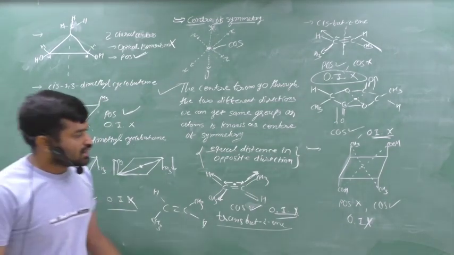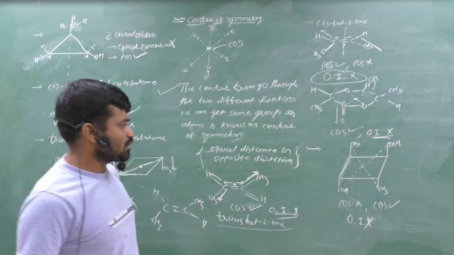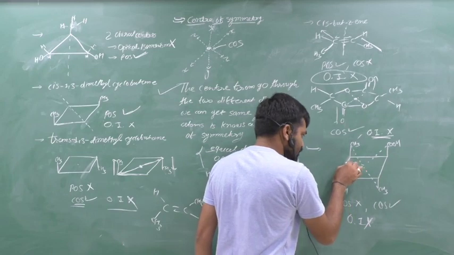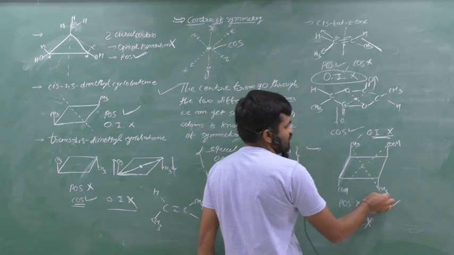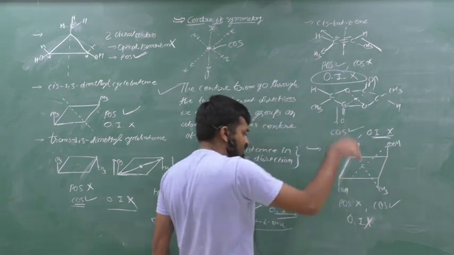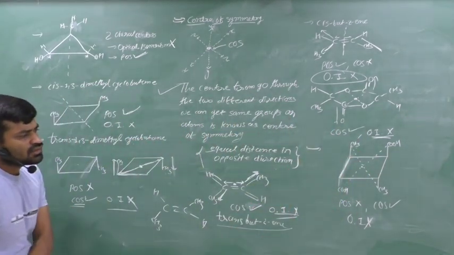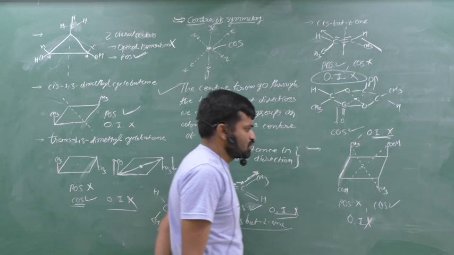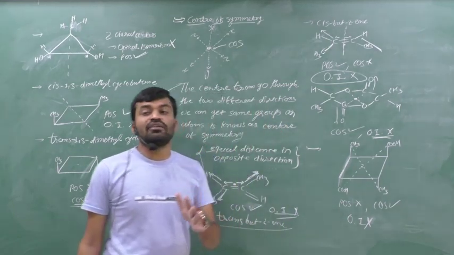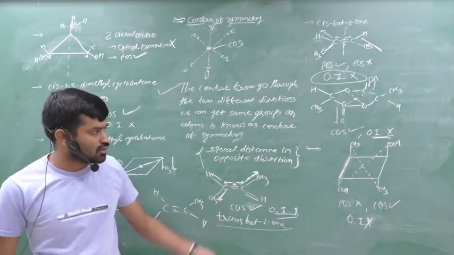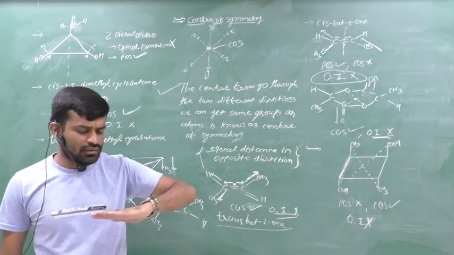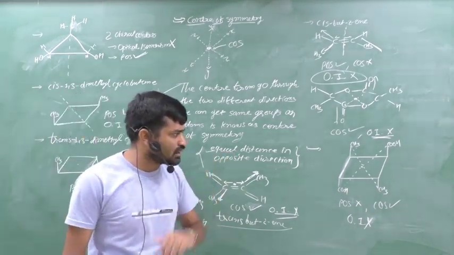Clear? Next and very important example is cyclobutane with CH3, COOH, CH3, COOH, upside, upside, downside, downside. If you think about a plane of symmetry, we cannot have any plane which exactly divides the molecule into two equal parts, because half the part is upside and half downside.